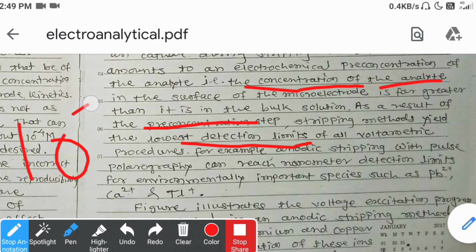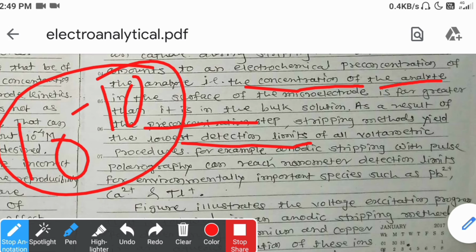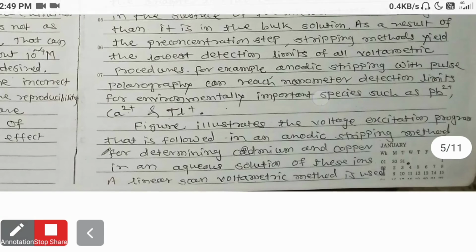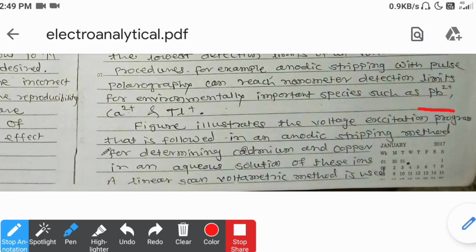So this has a better detection limit than the other polarographic methods. Once the pre-concentration step is done, we can strip that pre-concentrated electrode and detect it by using various polarographic methods, like differential pulse polarography or normal pulse polarography, for the determination of ions. Specifically, these techniques are used for heavy elements like lead, cadmium, thallium.